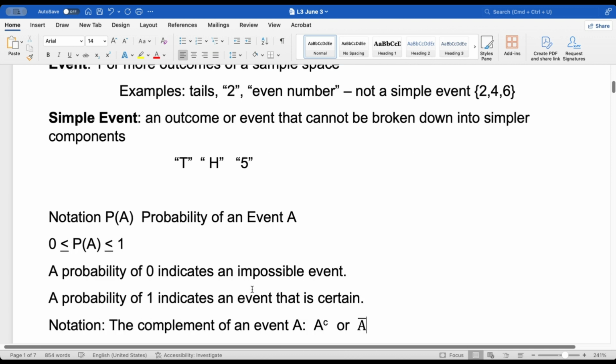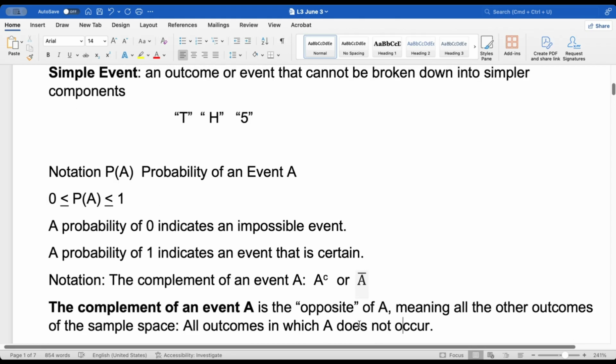The complement of an event A is denoted by A with a superscript C or A with a bar on top. And the complement is the opposite. All the other elements of the sample space other than the ones represented by event A. The complement of an event A is the opposite of A. All the other outcomes of the sample space, all outcomes in which A does not occur.